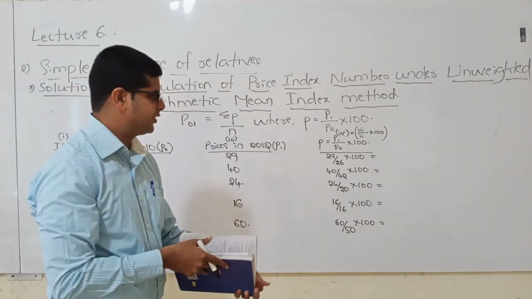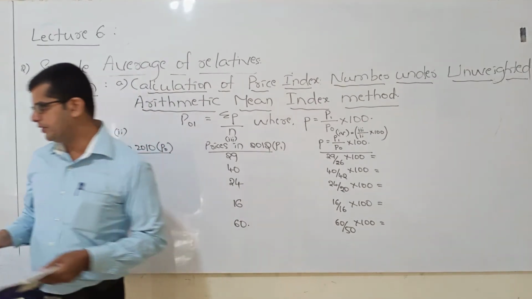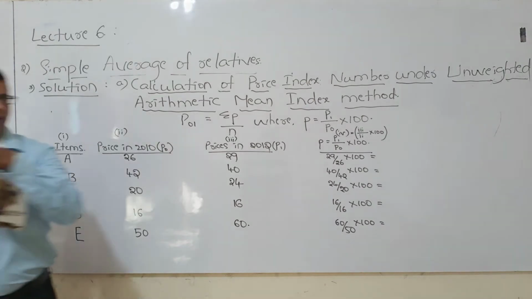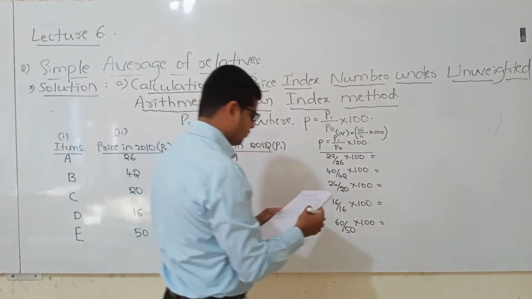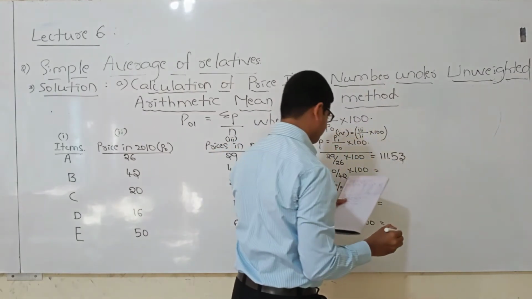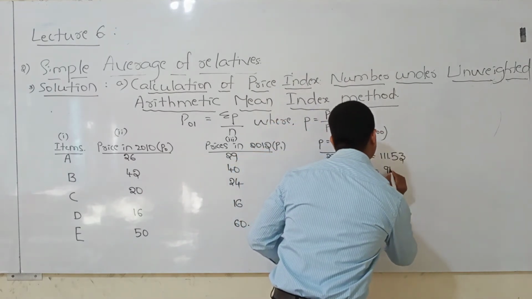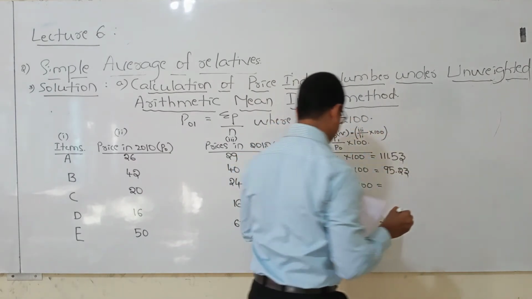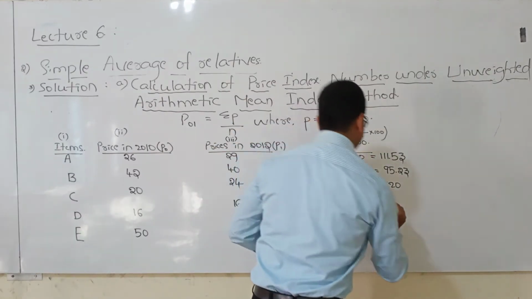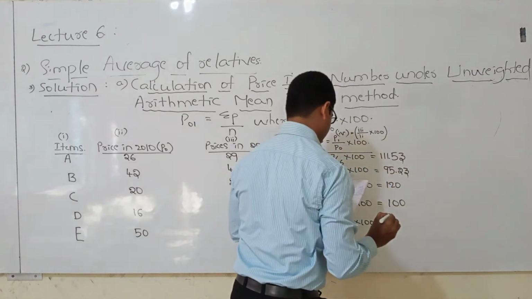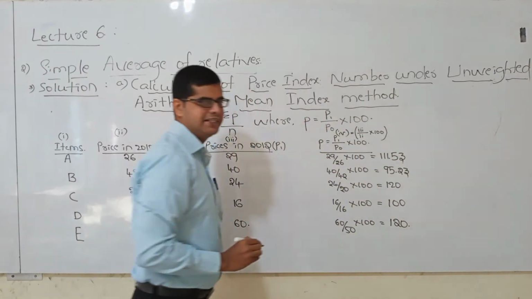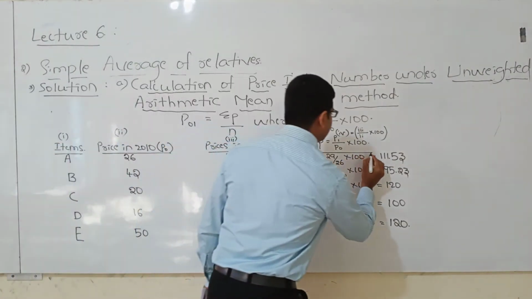After applying this formula P1 divided by P0, we are getting these values. Let me write, because I have calculated all these values. 111.53, 95.23, 120, 100, 120.